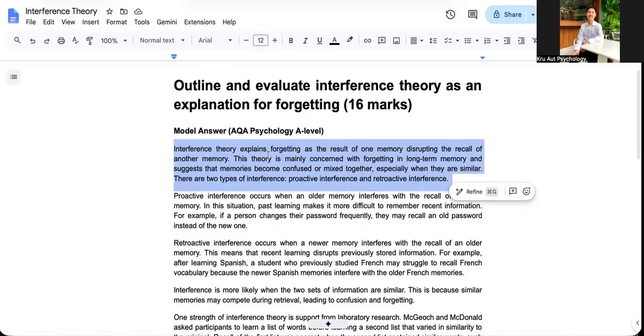Usually we'll see questions like outline and evaluate both interference theory and retrieval failure theory together as explanations for forgetting. But on my channel, I'm separating interference theory out from retrieval failure, just to give a deeper insight into how we would structure the answer if it's interference theory alone, and how we would structure it if it's retrieval failure theory alone.